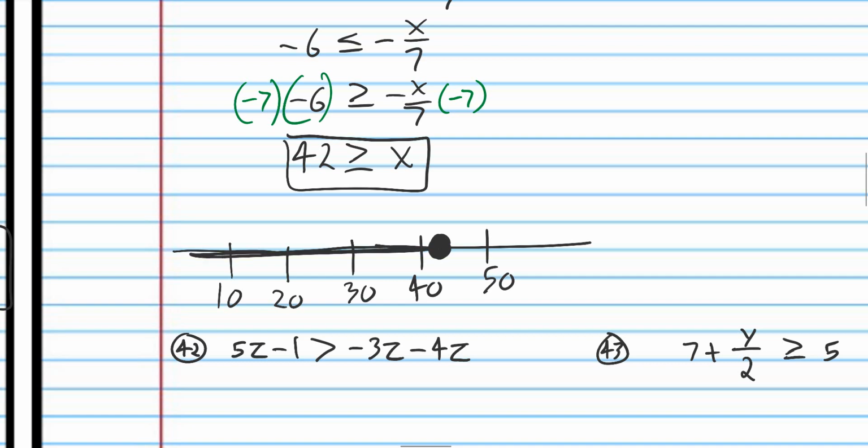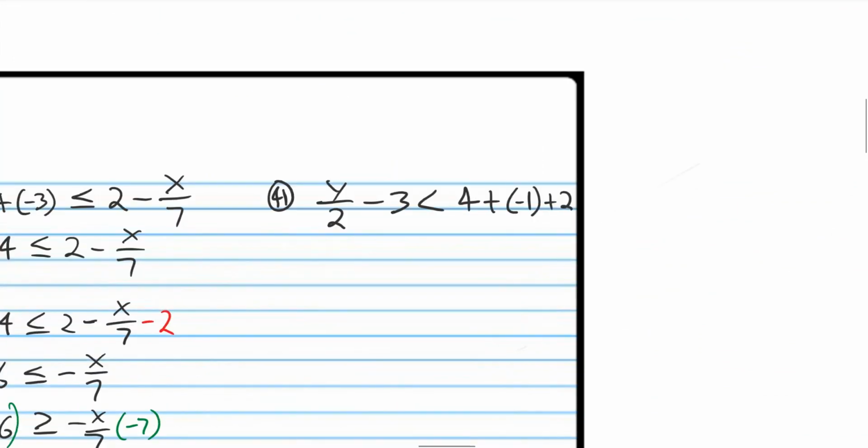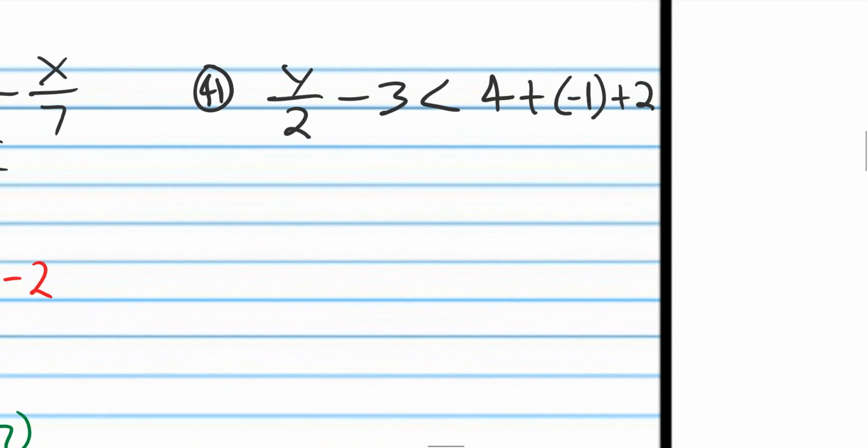And you're going to shade this region here. And again, your graph doesn't have to be perfect. This is not an art class. All right, so if you got those answers, good job. Try 41, and when you're done, we'll do it together. All right, we're back.